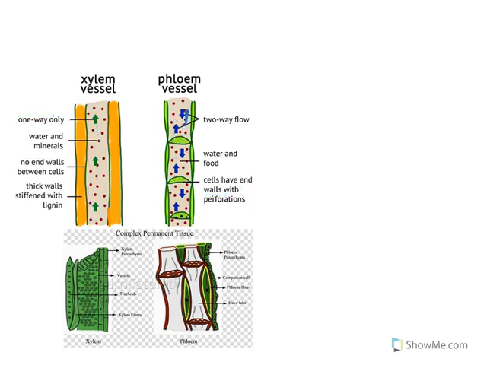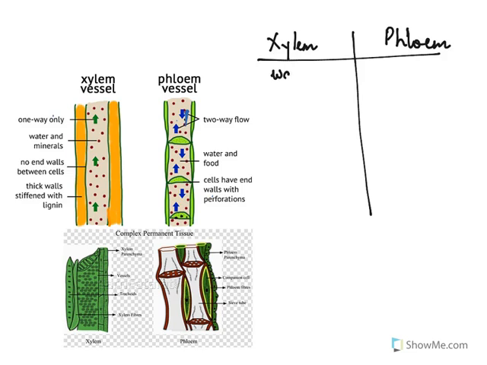We'll just summarize the difference that we have learned between the xylem and the phloem. Xylem carries water and minerals, while phloem carries food and amino acids, the products of photosynthesis. We will learn that in more detail.